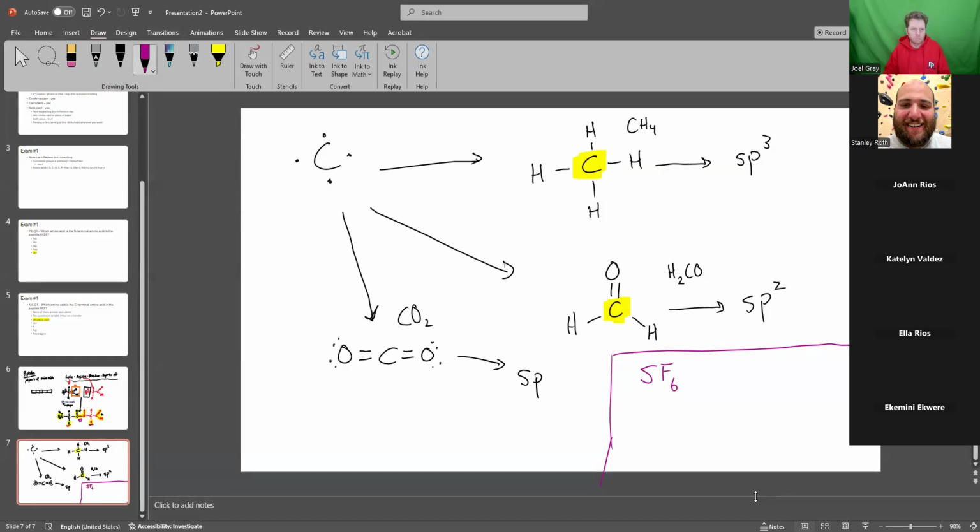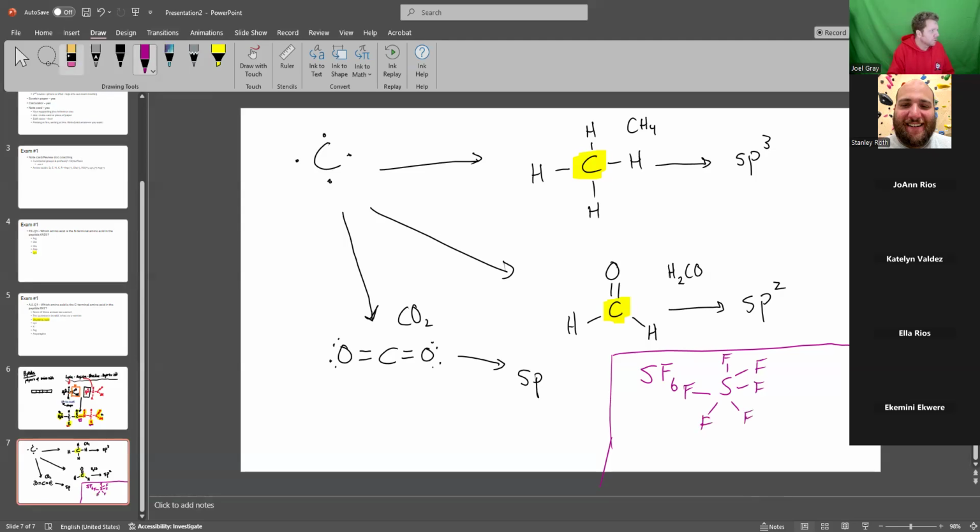SF6. This is just kind of the next level. So don't think about, oh man, we're going to see this on the exam. But let's think. This molecule looks like this. F, F, F. It's 4, 5, and 6.